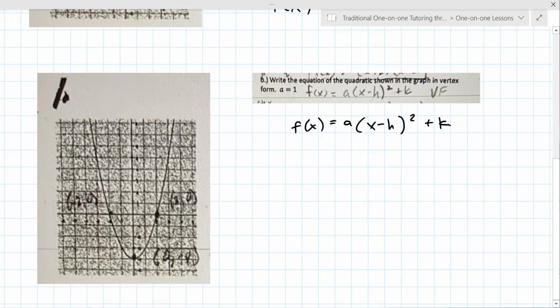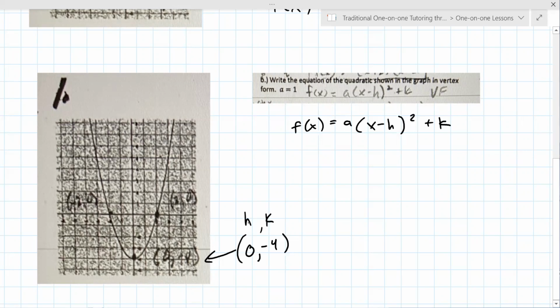They're giving you the vertex. This is really hard to see, but the vertex is down here at (0, -4). And h is the x coordinate of the vertex. K is the y coordinate of the vertex.